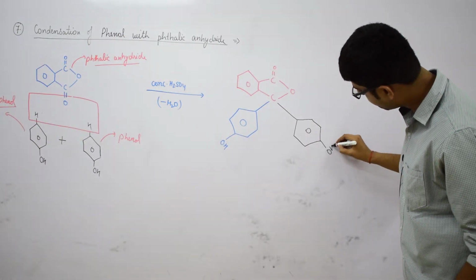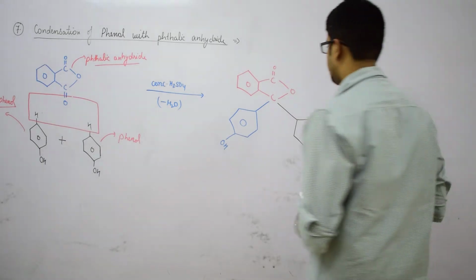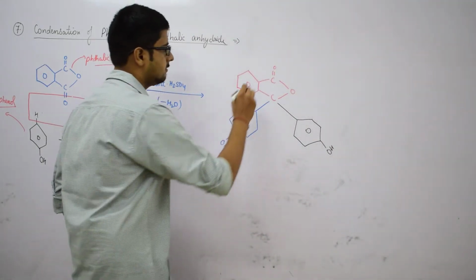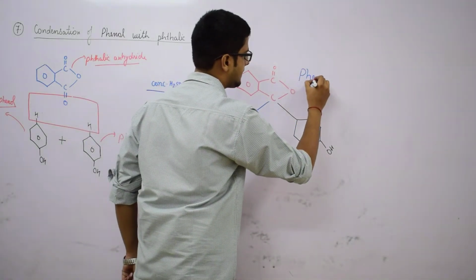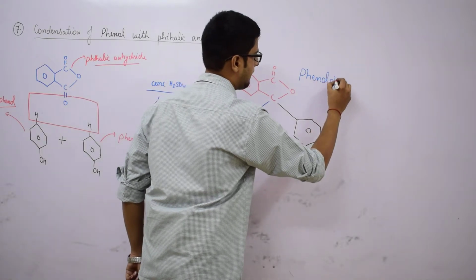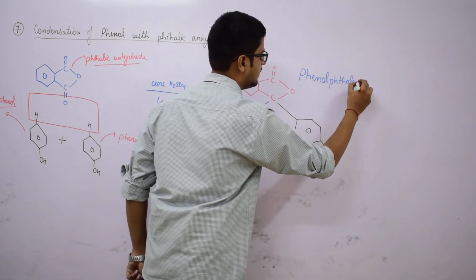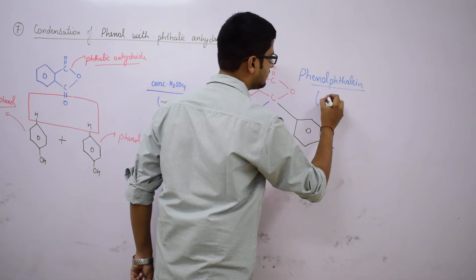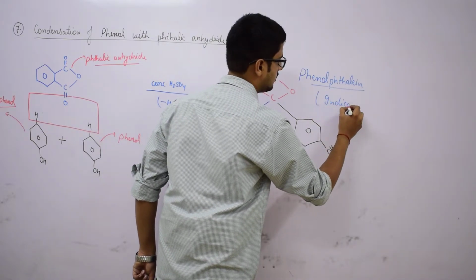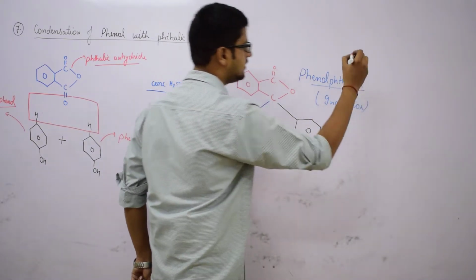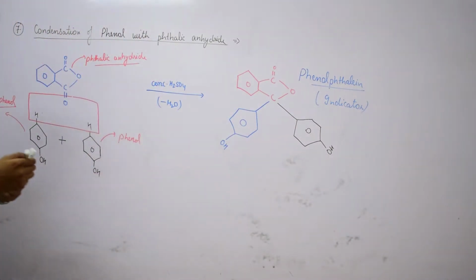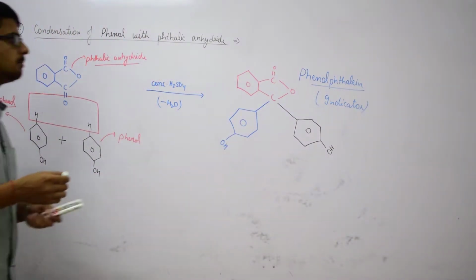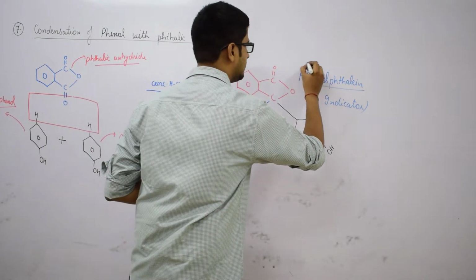This compound is nothing but phenolphthalein, which is an acid base indicator. It is used as an indicator in titration reactions. So, this is the molecule of phenolphthalein.